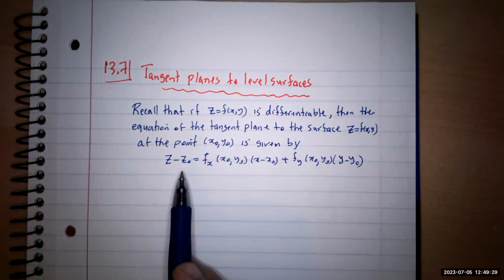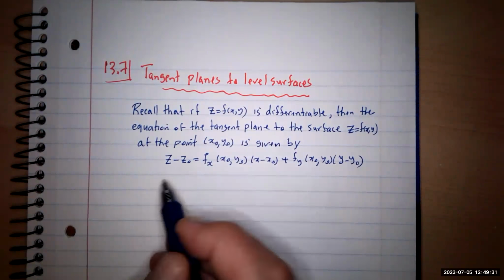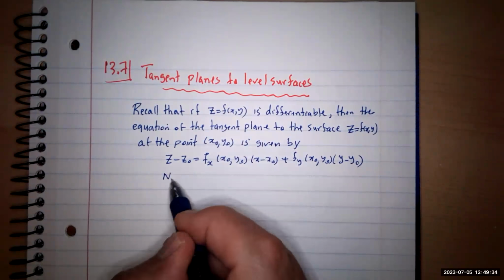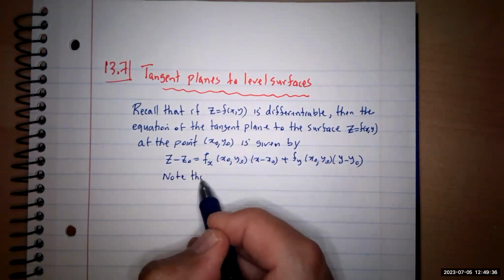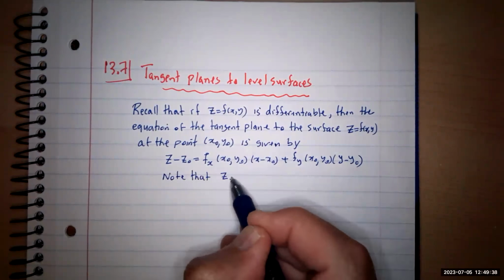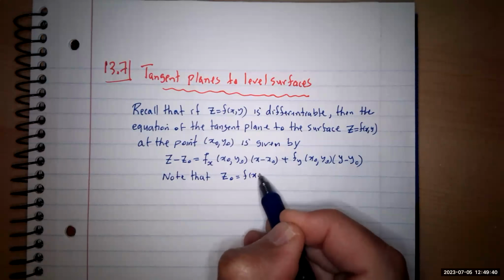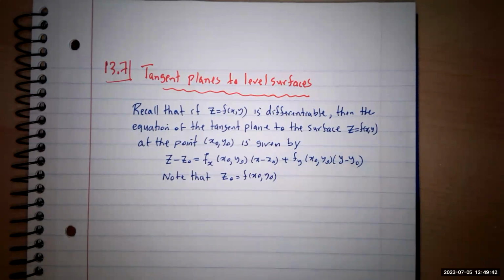You know that this is z0, I can just note that. z0 means f of x0, y0. If you substitute it over there, that simply gives you the equation that you are familiar with.